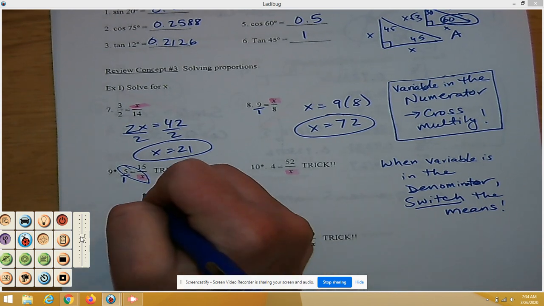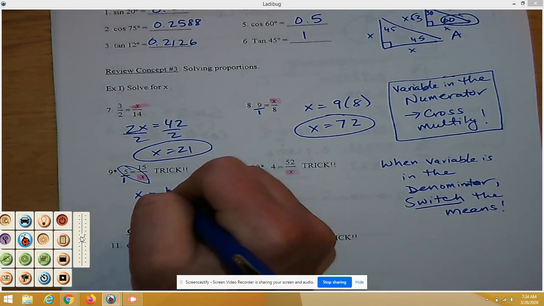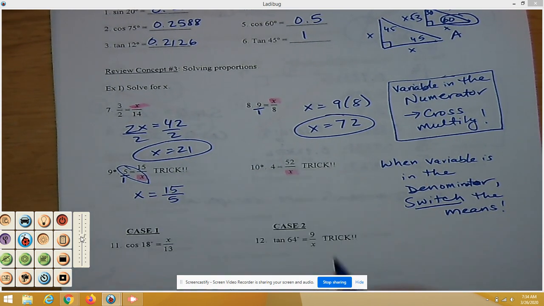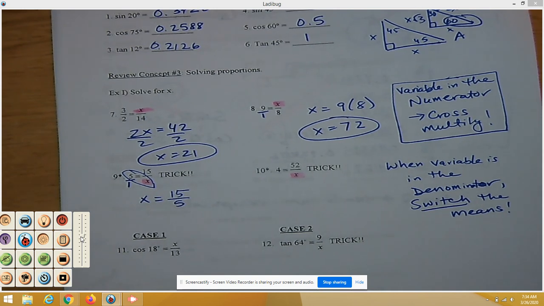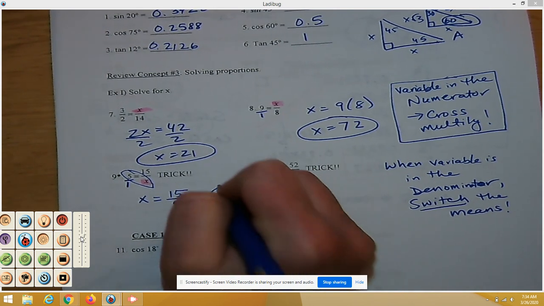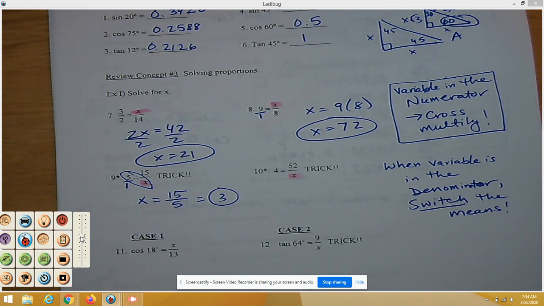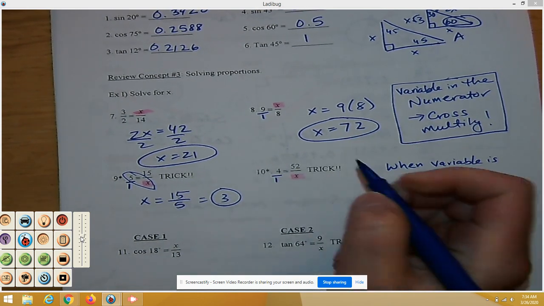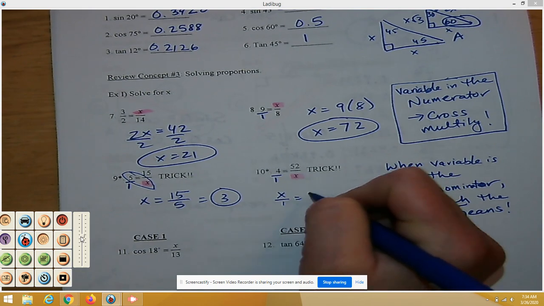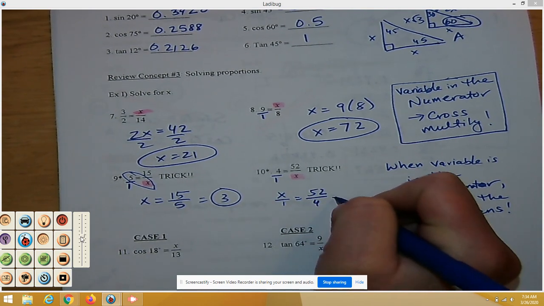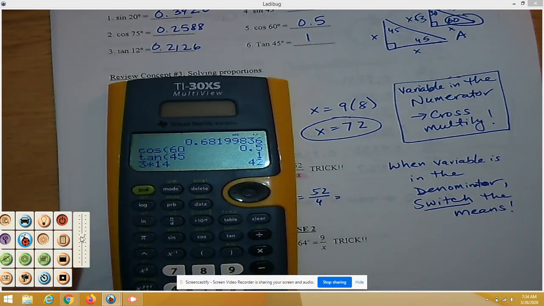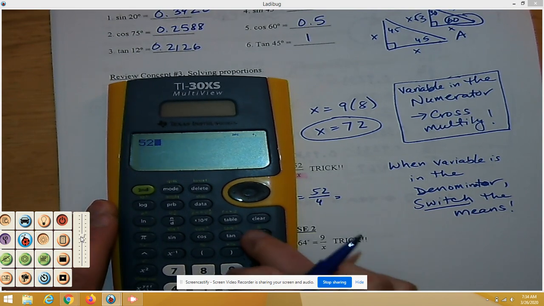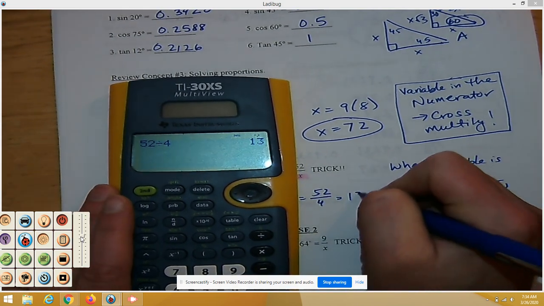So now I have x equals 15 over 5. Well, wait, 15 divided by 5, you get 3. Same thing here. This 4 is over 1. You can switch it, and you're going to get x over 1 equals 52 over 4. And you're going to get 52 divided by 4, which is 13.